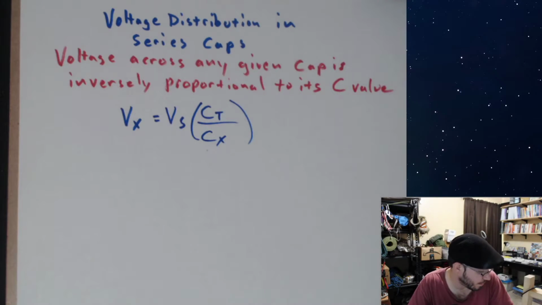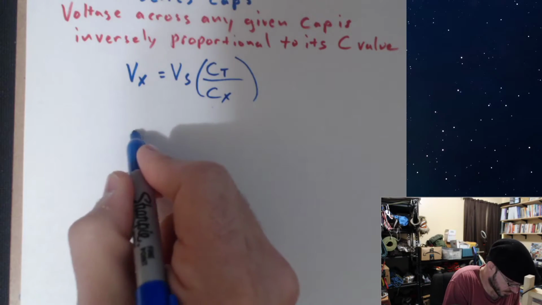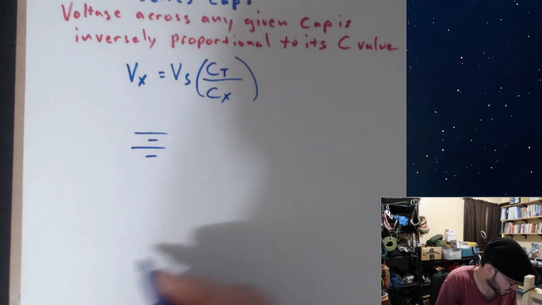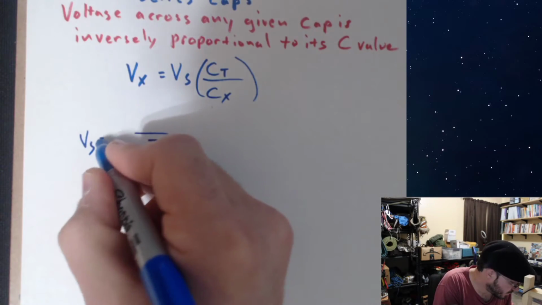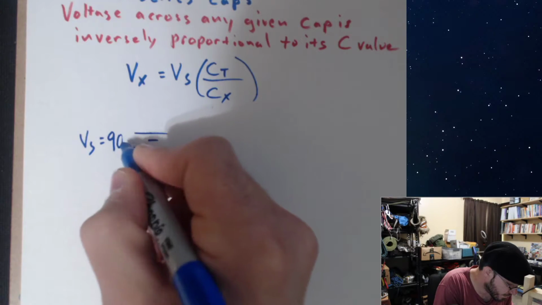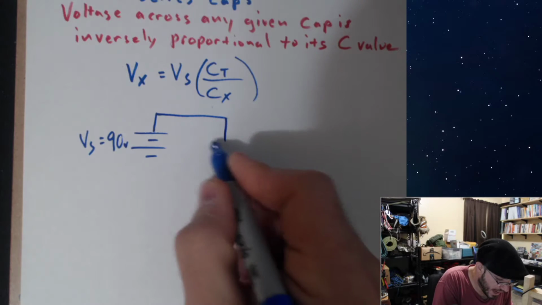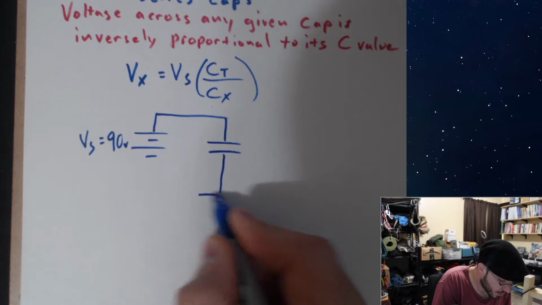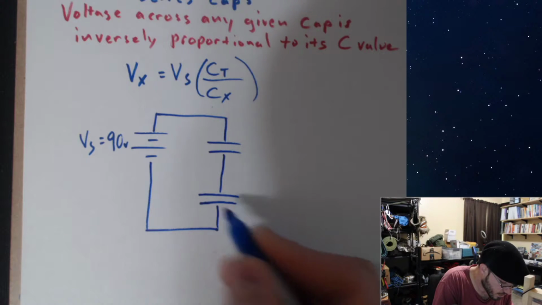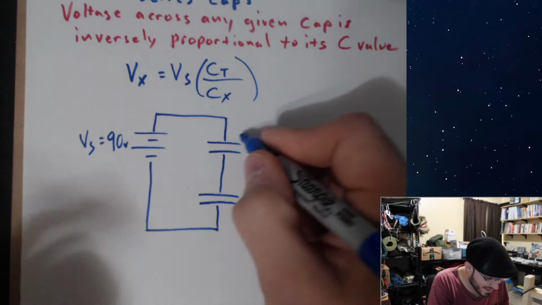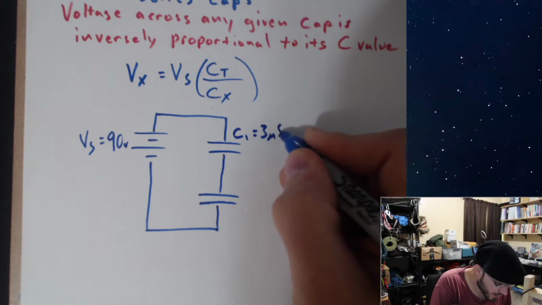So let's do an example of this. Let's go ahead and say we have a source voltage equal to 90 volts. Let's put two caps in series. And let's say that C1 is equal to 3 microfarad.